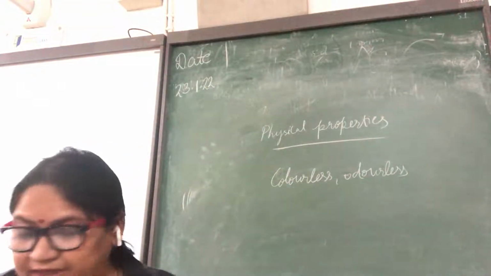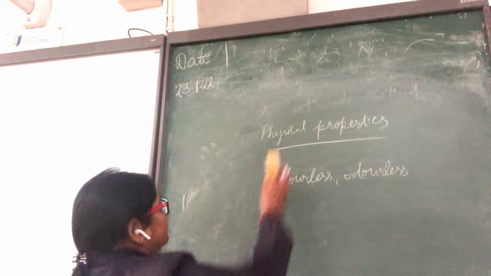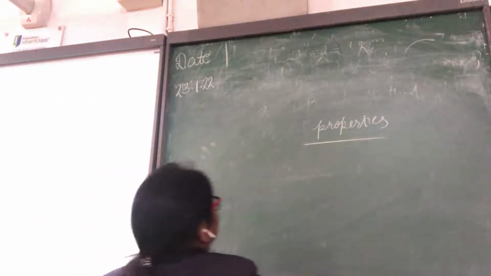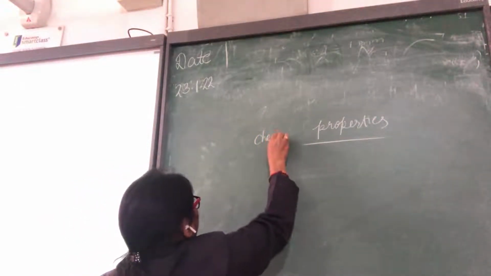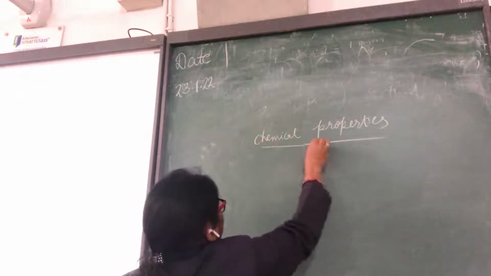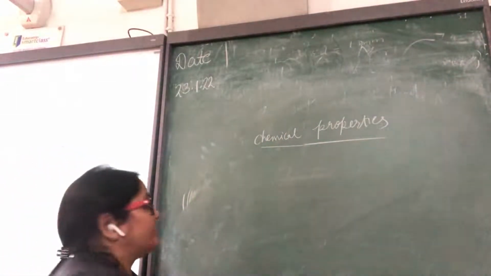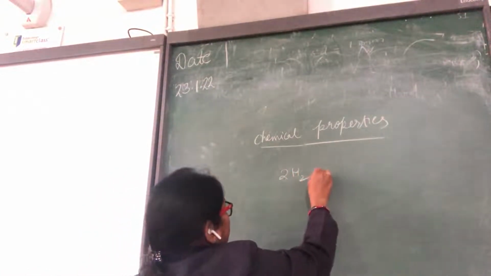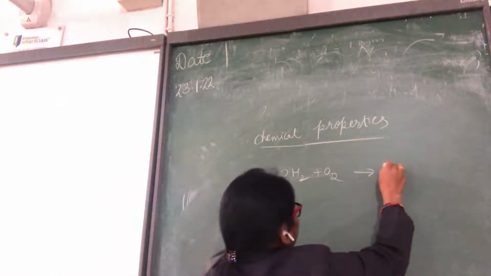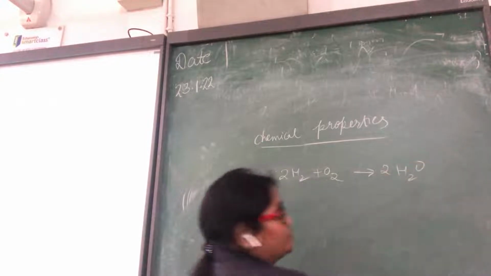Then some of the chemical properties you will see. In the chemical properties, first of all, if hydrogen reacts with oxygen, 2H2 plus O2, it will form 2H2O.